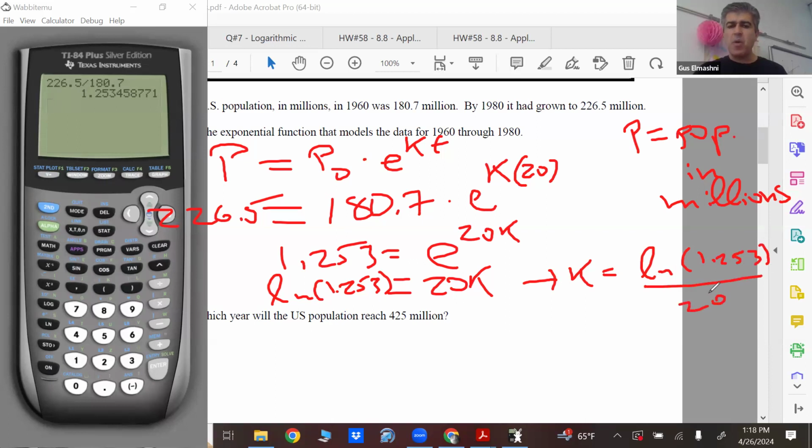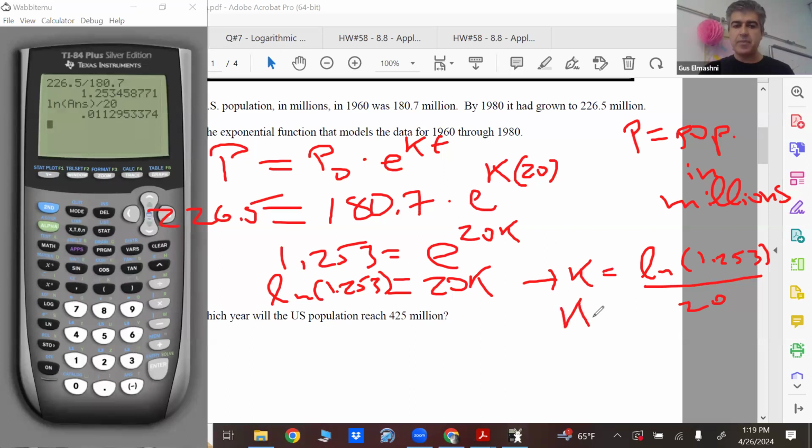Now, one thing I want to caution you about is don't try to round the answer too soon in the middle of the problem, because then you might get a k value that's not quite accurate. So obviously, I just grabbed the 1.253 as it was, and got k a little more accurately.